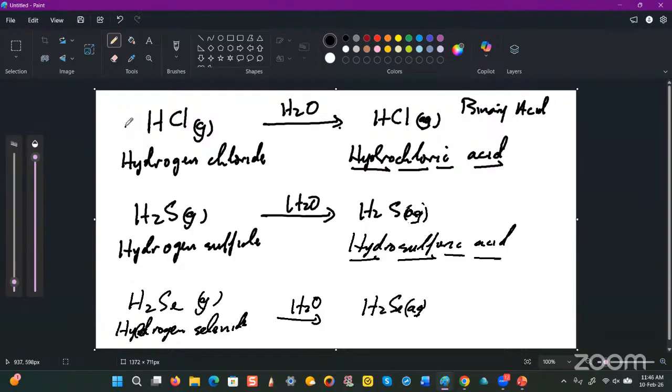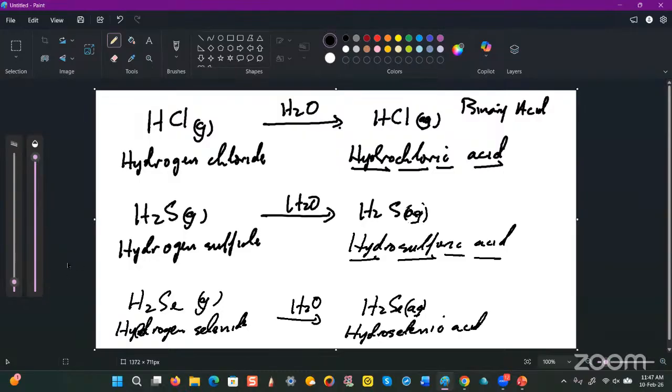H2Se aqueous, that's the formula. So what do you think the name of this acid is? Hydroselenic acid. All right. So that's basically how you name binary acids. Hydro, then the stem of the name of the element, followed by ic acid. All right. So this is binary acids.